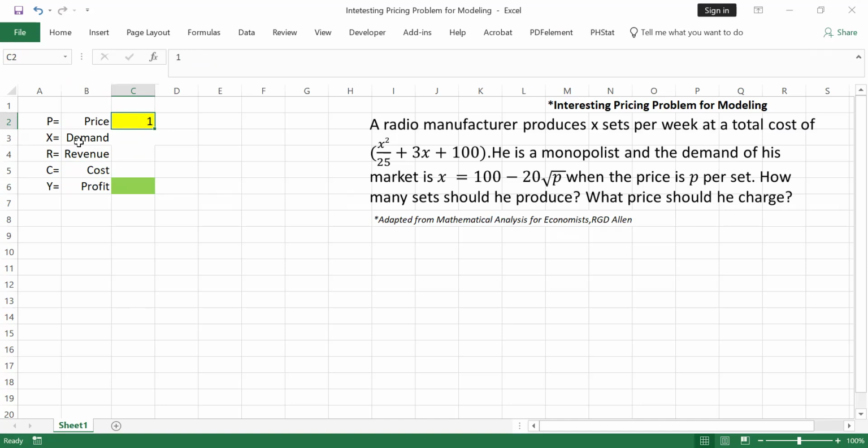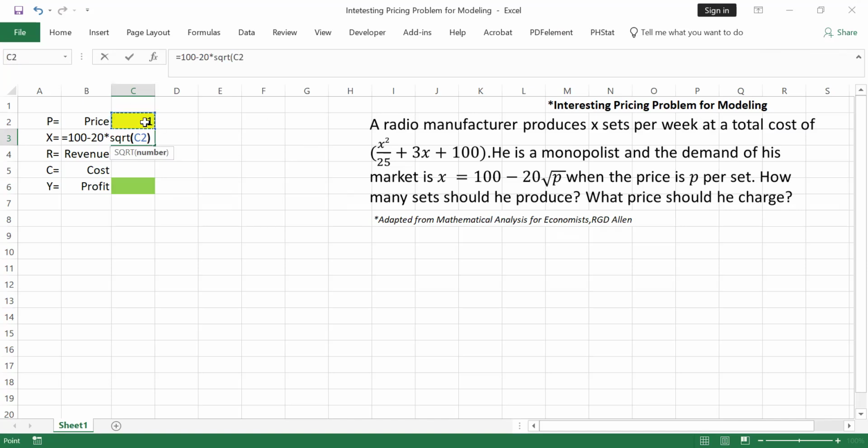Now, X is equal to demand, given by this equation: 100 minus 20 times root P. So let me enter this expression by a formula: equal to 100 minus 20 star SQRT, the square root of the price cell, which is this cell C2.